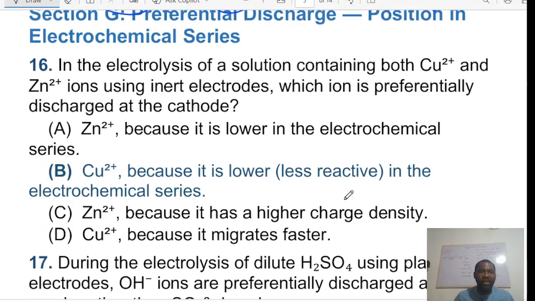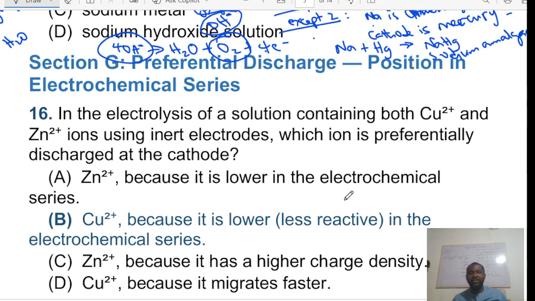Okay, so the next one has to do with preferential discharge or position in the electrochemical series. Before I continue, I want to say this. If an electrolyte is a solution, it means the substance is dissolved in water, so 4 ions are always involved.